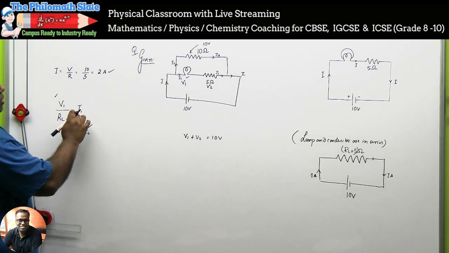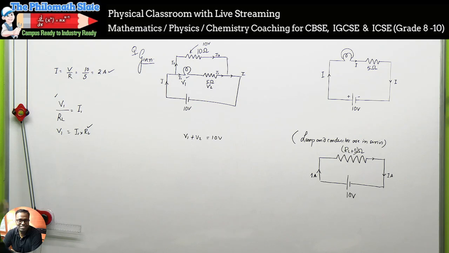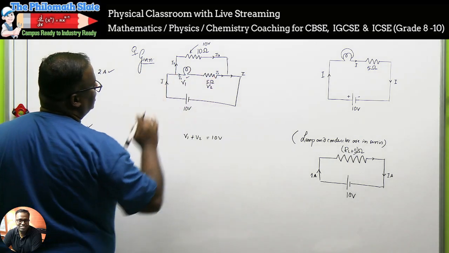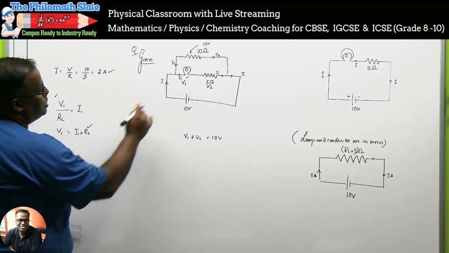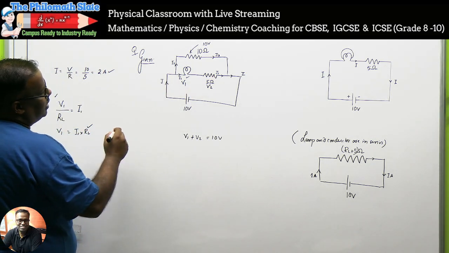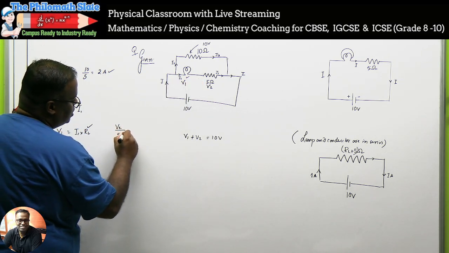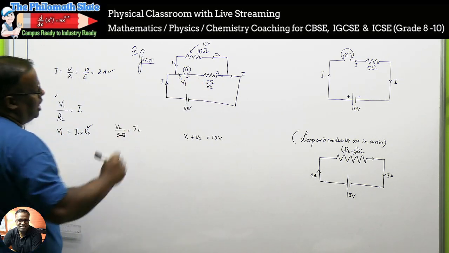RL you know, but you do not know the value of I1. Fine, let's calculate here. What is the value out here? For this, V2 by 5 ohms should be equal to I2.